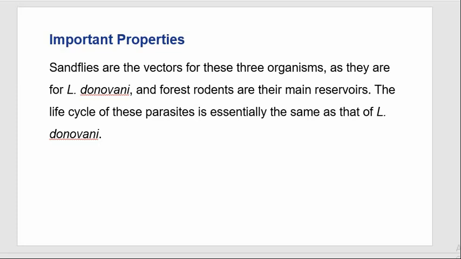And forest rodents are the main reservoirs. The life cycle of this parasite is essentially the same as that of Leishmania donovani. بالنسبة إلى اللايف سايكل تكون متشابهة بين جميع أنواع الليشمانيا، تكون متشابهة ومتقاربة.